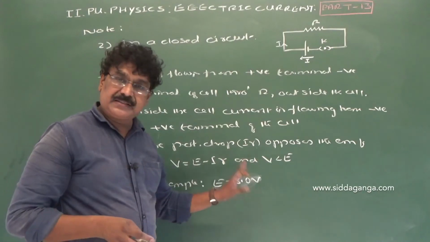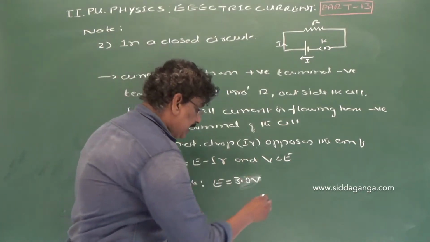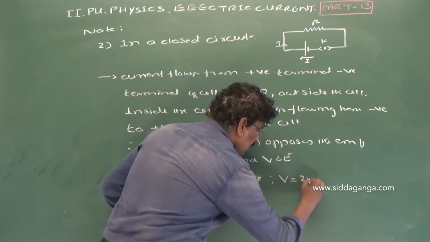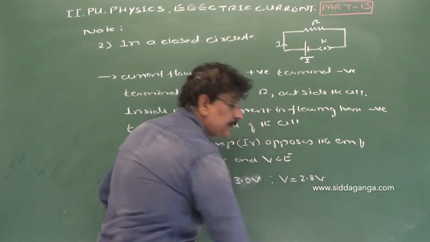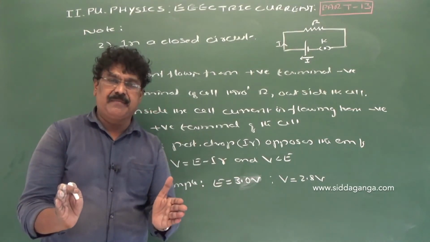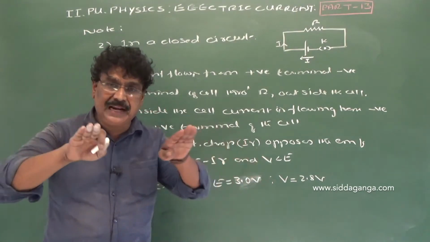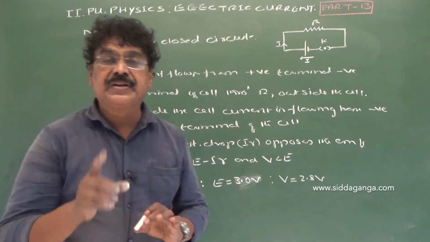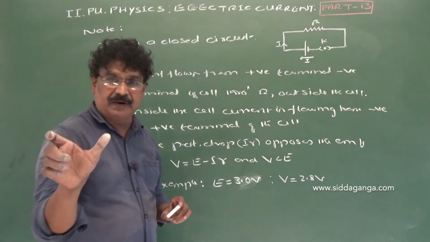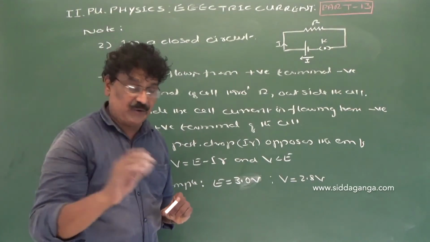That EMF is 3 volt, but the potential difference across the bulb is say 2.8 volt. That 3 volt of EMF will not completely appear as potential difference across the bulb of the pen torch or in any circuit.